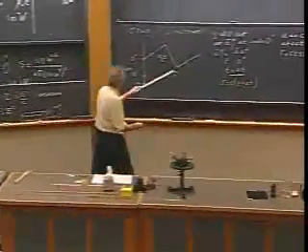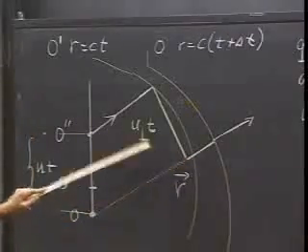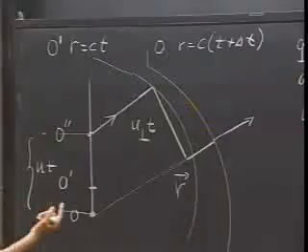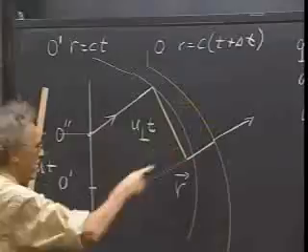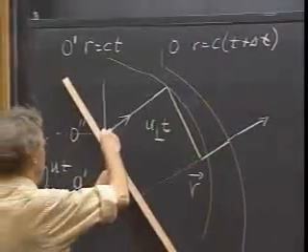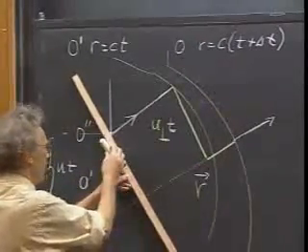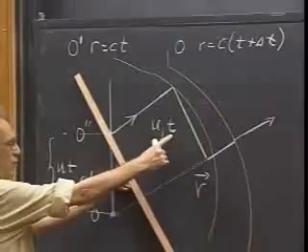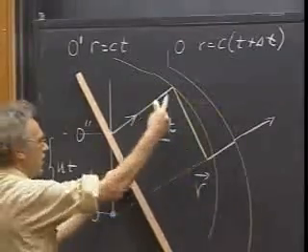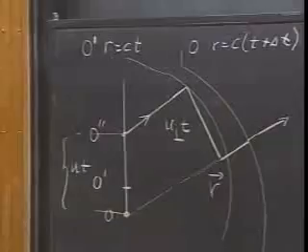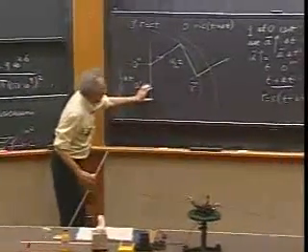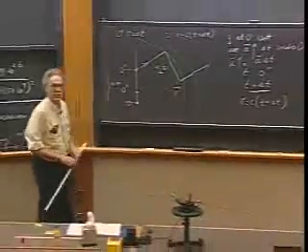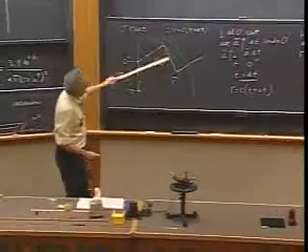Let me first go to u perpendicular t. There is here a velocity vector u, and the component perpendicular to r is a component in this direction. It has cruised for t seconds, so this length is u perpendicular t, to a very good approximation, forgetting about this little, teeny-weeny distance.